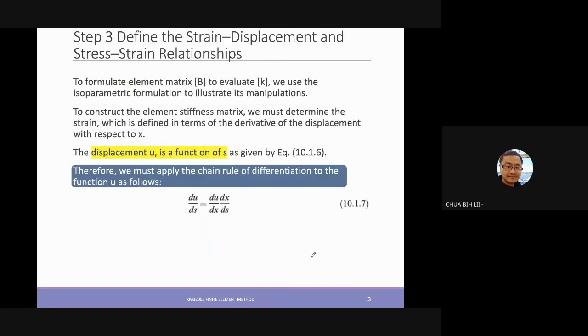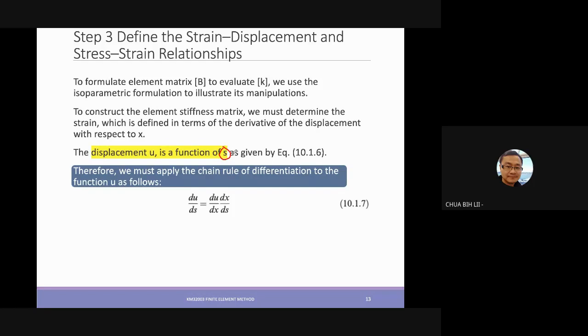Once we move on to the stress-strain and the strain-displacement relationship, it is similar. The only difference is that we have switched from the x, or global coordinate system, and introduced the natural coordinate system.